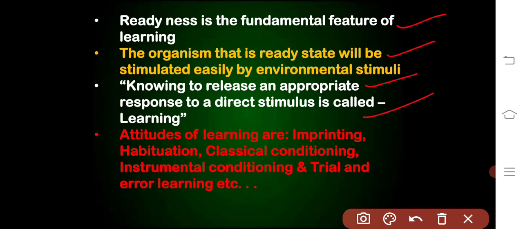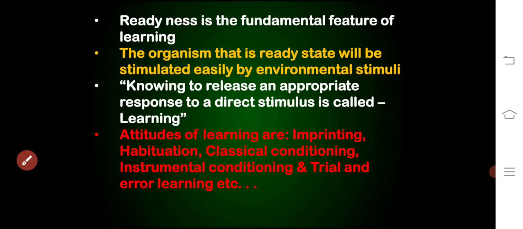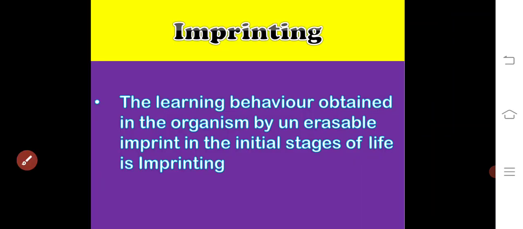And there are different types of learning, namely imprinting, habituation, classical conditioning, instrumental conditioning and trial and error learning, etc. These are the different types of the learning process. Let us start with imprinting.